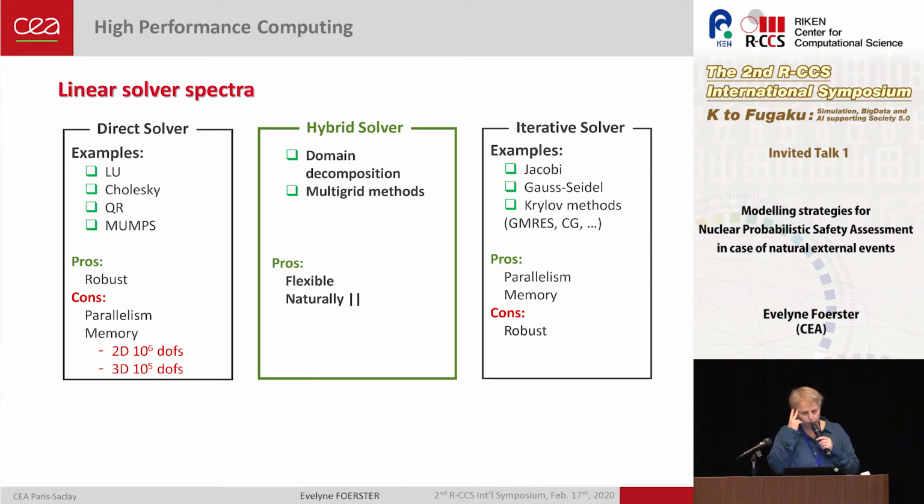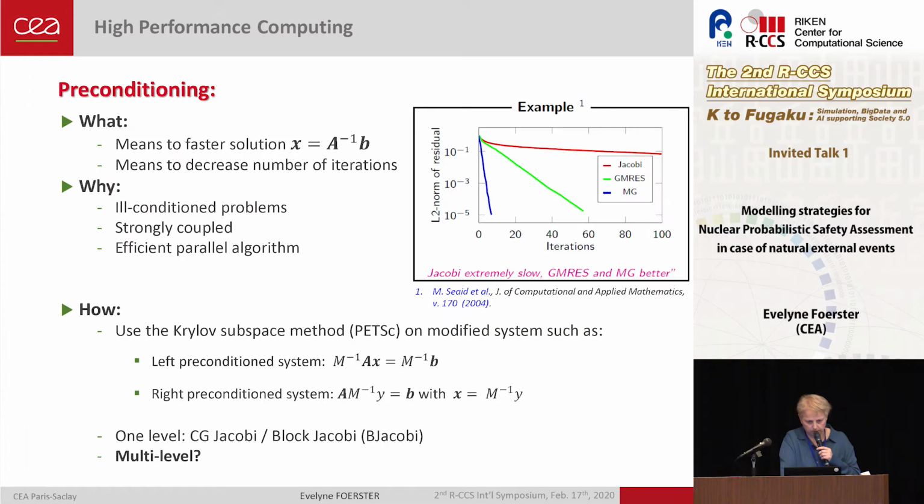So what we have adopted for the moment, at least, is to go on a hybrid solver strategy because of the pros we can find in such a solver with respect to the other types of solving strategies. So I won't detail that.